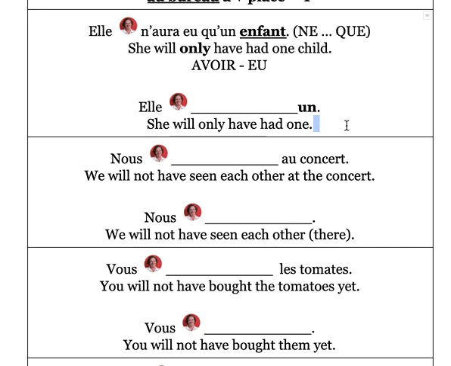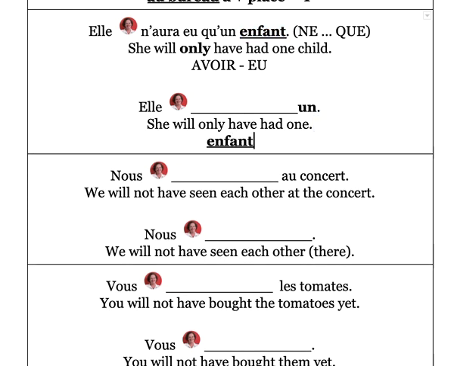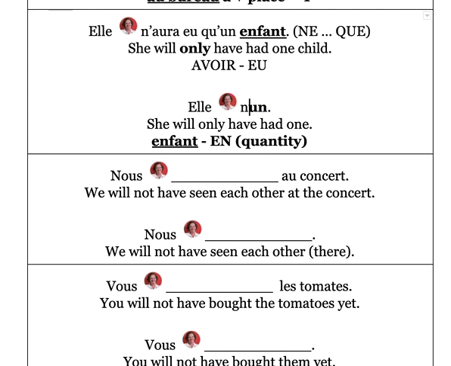So what does that tell you about which pronoun you should use to replace it? Well, you should use the pronoun en, in this case, because we're dealing with a quantity. D'accord? So we've got this negation and the pronoun en. Donc, elle n'en aura eu qu'un. It's a little bit of a tongue twister. Try to say it. Elle n'en aura eu qu'un.